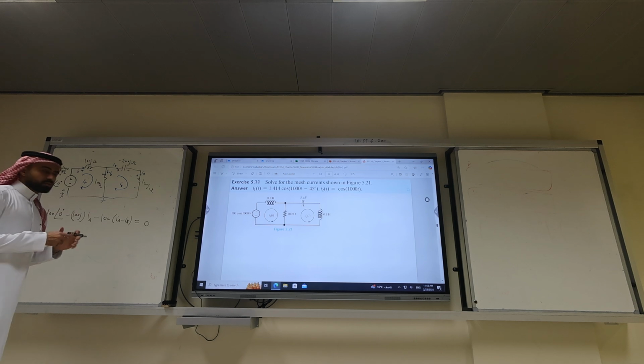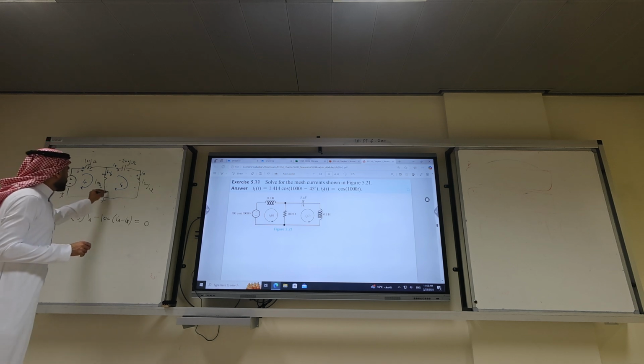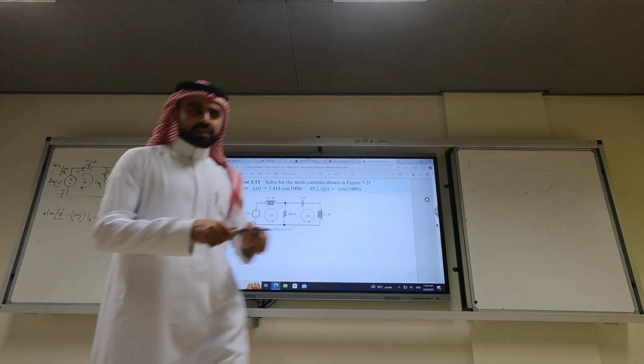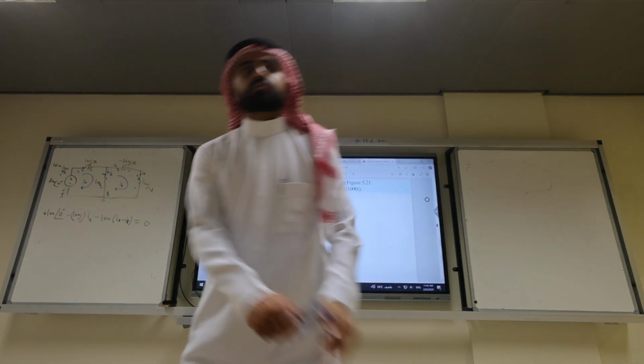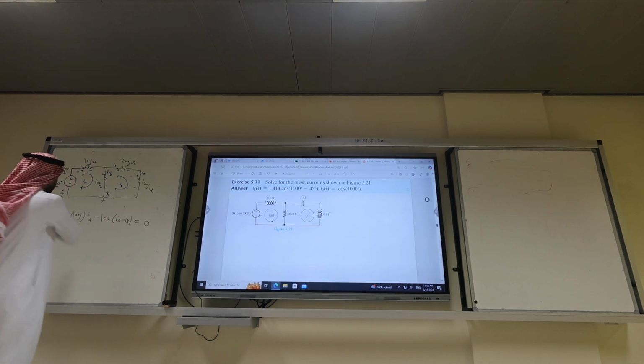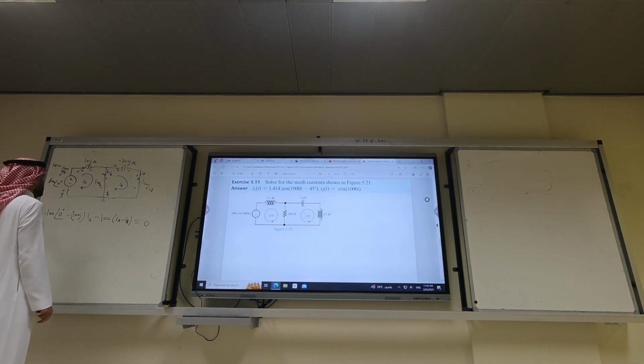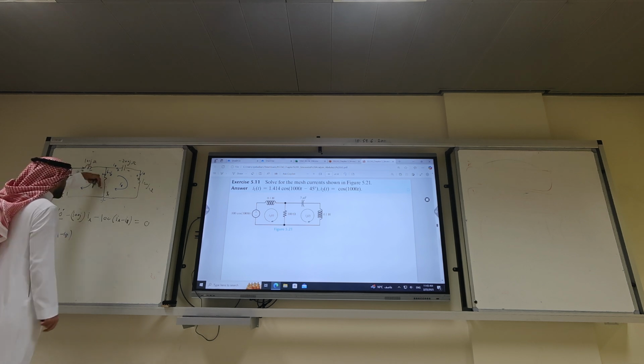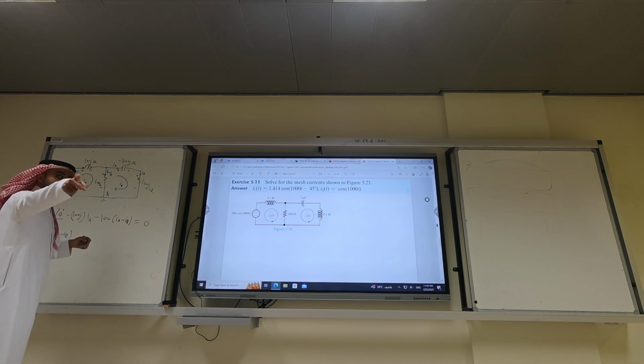You're the second KVL here. If you can't see, you can come. I can see. Voltage rise, plus 100 times IA minus IB. Yeah, remember you keep the current, so that you avoid passive sign configuration.